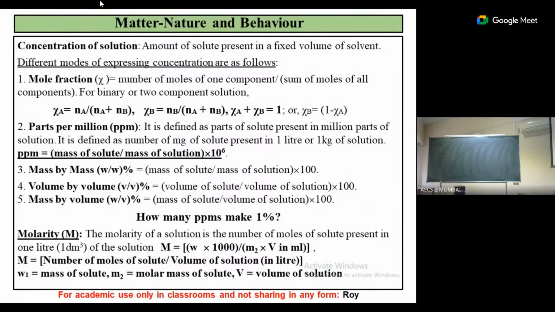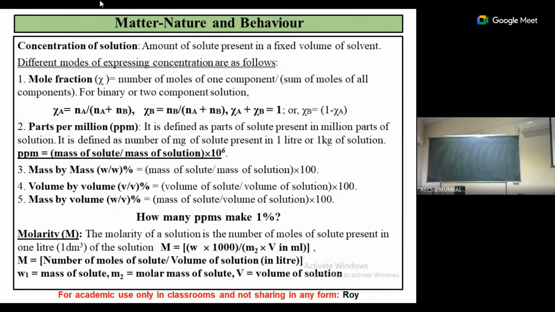Next comes percentage. There are 3 different types of percentage notation: weight by weight, weight by volume, and volume by volume. Weight of the solute divided by weight of the solution, into 100, is called mass by mass percentage. Next is volume of the solute divided by volume of the solution into 100.